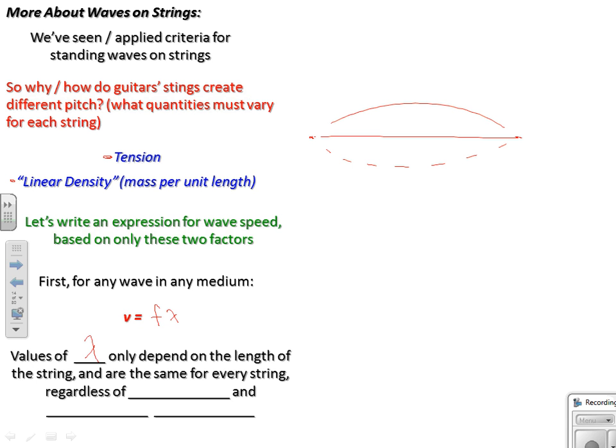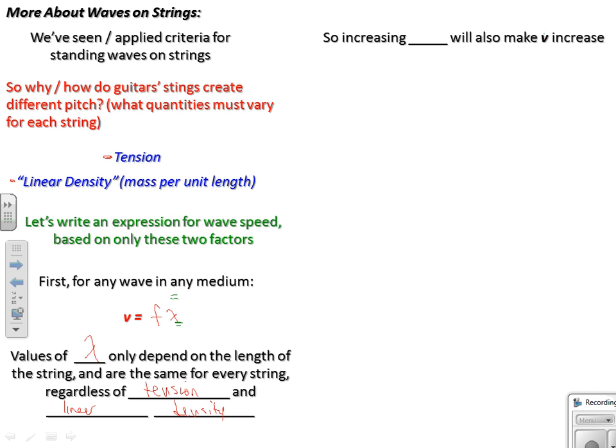Every string that has that same length is going to have that same wavelength of its fundamental vibration, regardless of its tension and linear density. So wavelength is something that stays the same.